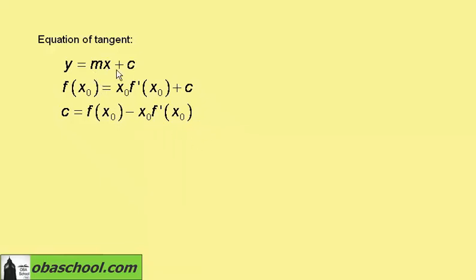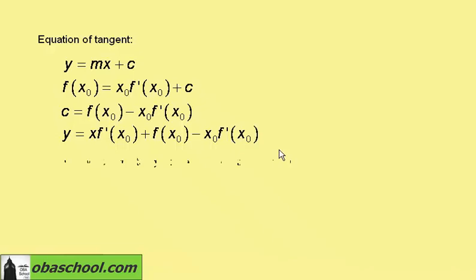Substituting the value of m and c back into the equation of a straight line, we get y equals x times f dashed x0 plus f of x0 take away x0 times f dashed of x0. x1 is where the tangent meets the x-axis, and remember, at the x-axis y is equal to 0.